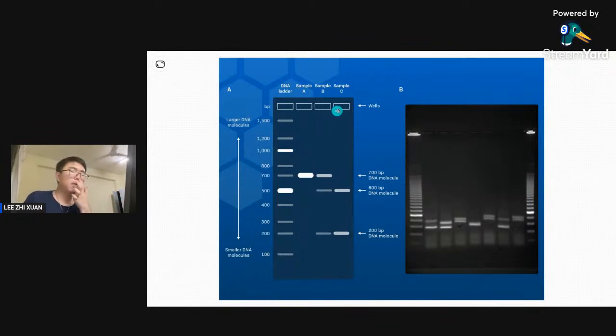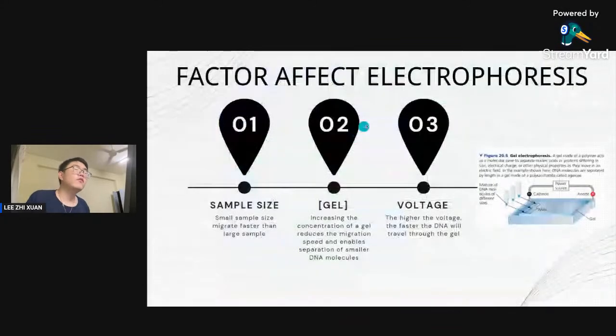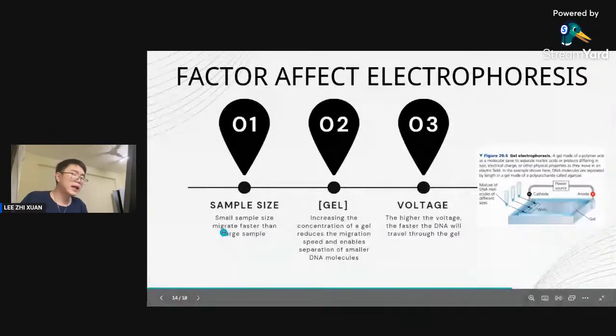Okay, and then there are also factors. One of the factors I already mentioned is sample size. So smaller sample size will migrate faster than larger sample. Smaller sample size will move further. And you have to use the term migrate compared to move or flow.